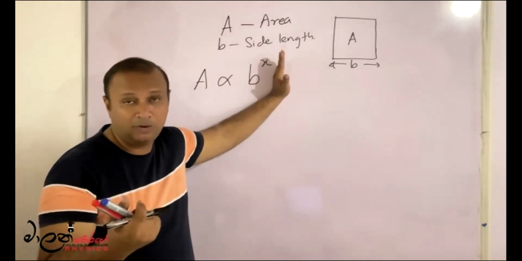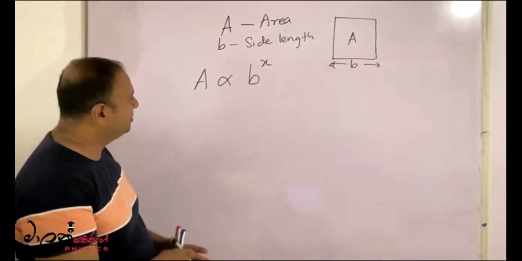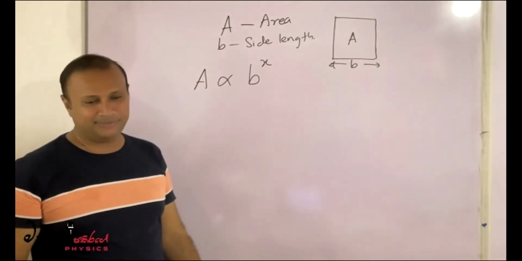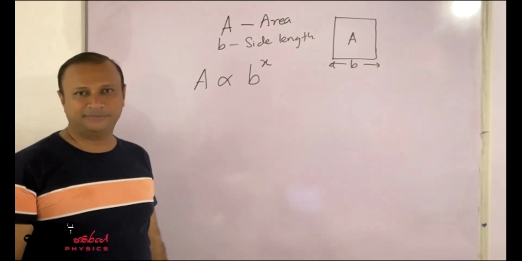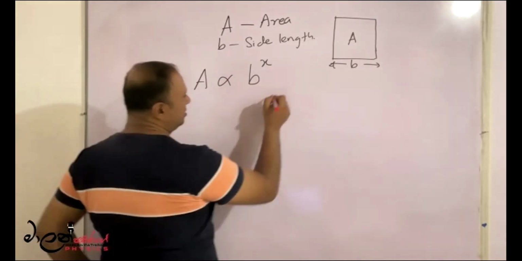I don't know the value of x, and my calculation should be to find x. So that is the assumption. I assume the area is directly proportional to b to the power x. How to calculate it? So this is the assumption part. Number one is the assumption.